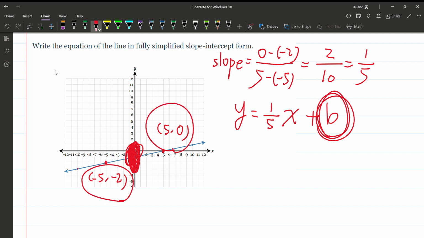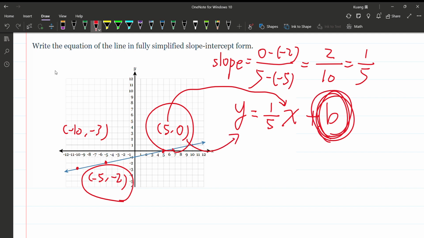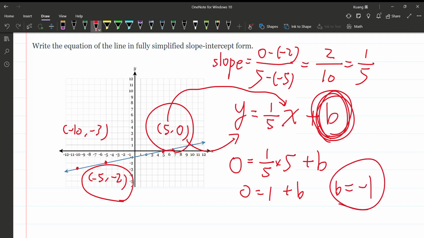You can plug in this, or this, or even this one. I mean, use 5 for x, use 0 for y, and solve for b. Let me show you how to do it. So 0, because y is 0, equals 1/5 times x. x now is 5, plus b, right? So 0 equals 1 plus b, b equals -1.